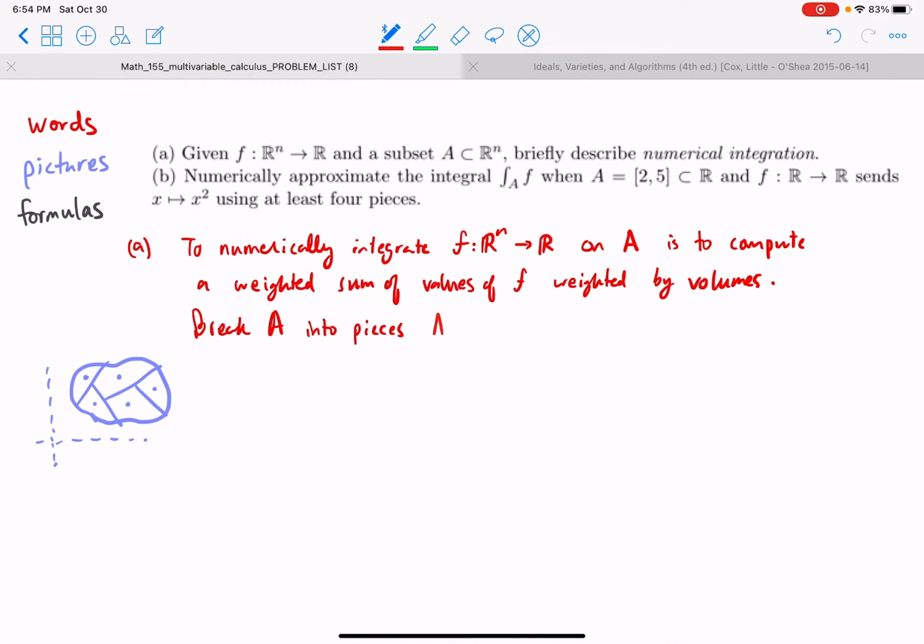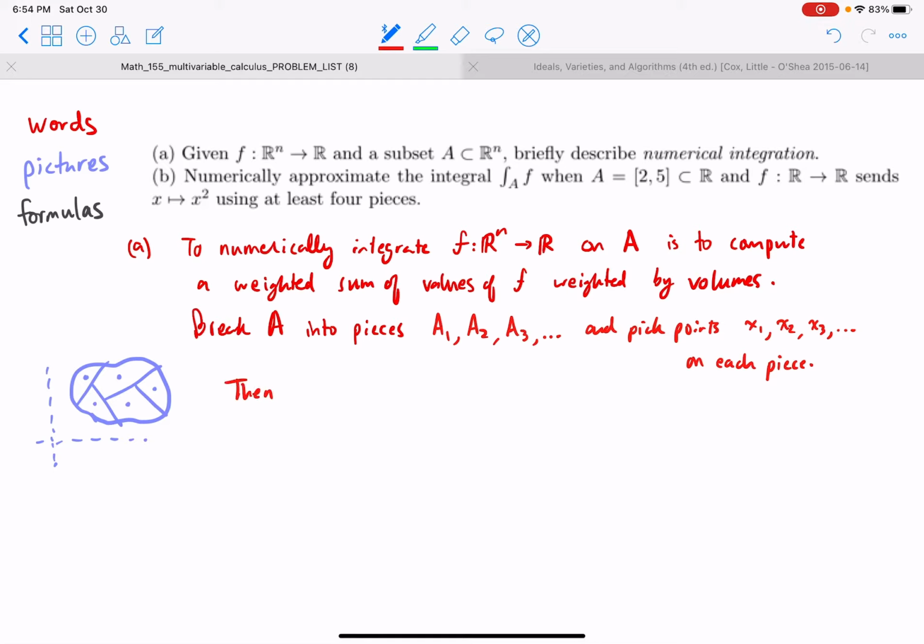So break A into pieces, A1, A2, A3, and pick points on each piece. So maybe I'll call them x1, x2, x3, on each piece.